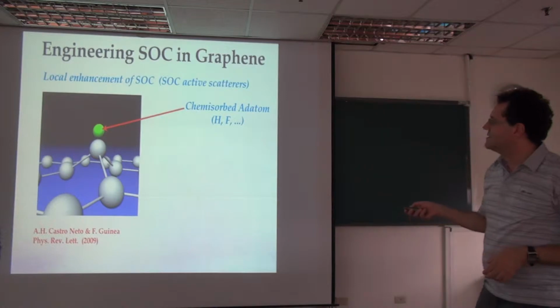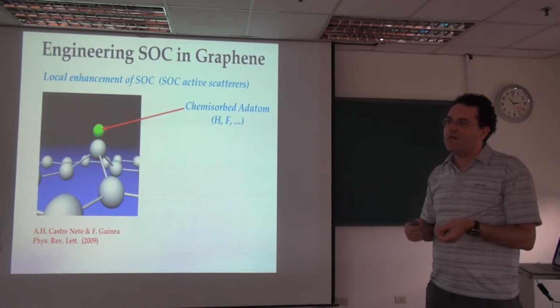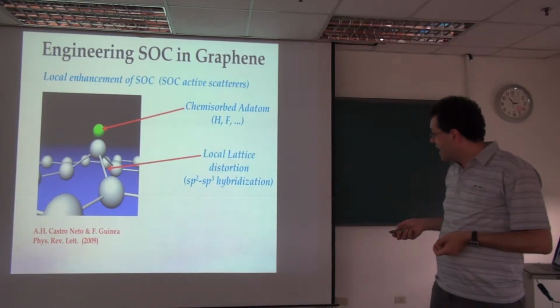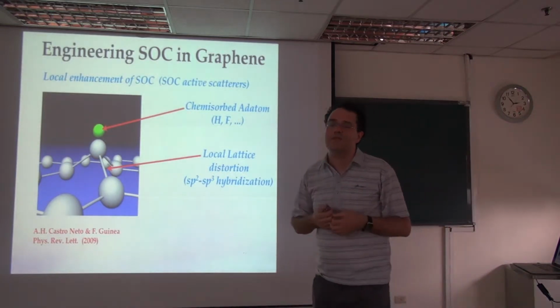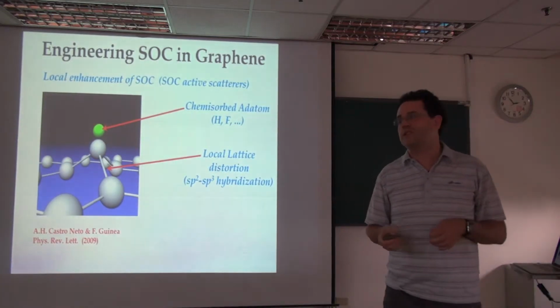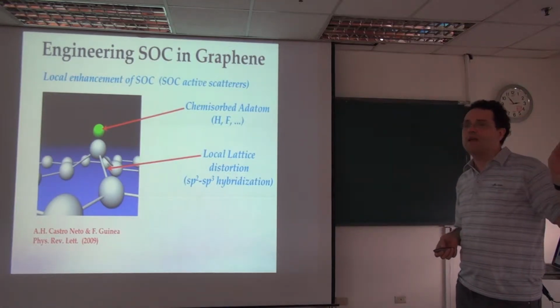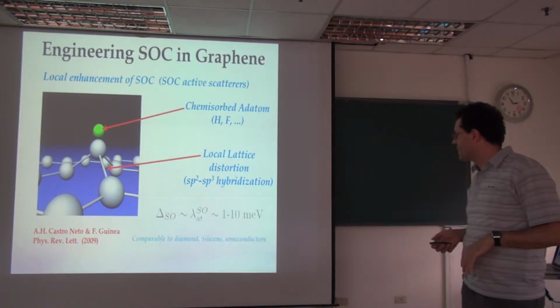Now, when that happens, this admixture of s and p orbitals locally enhances the spin orbit coupling and leads to another type of spin orbit coupling, which is not the same as that discussed by Kane and Mele. It's what is called Rashba spin orbit coupling, and I will explain in a minute.